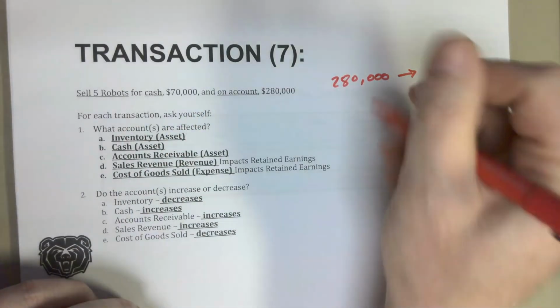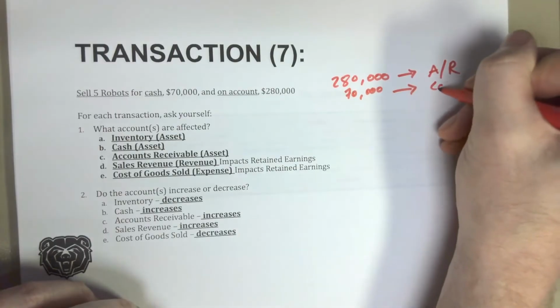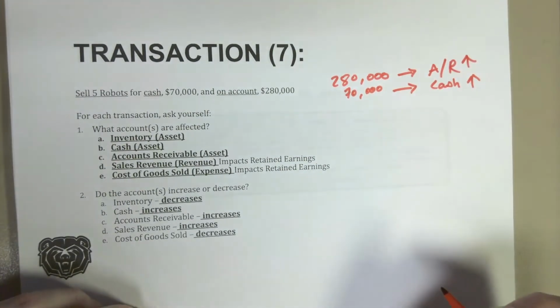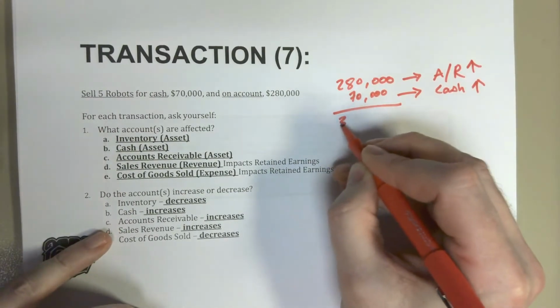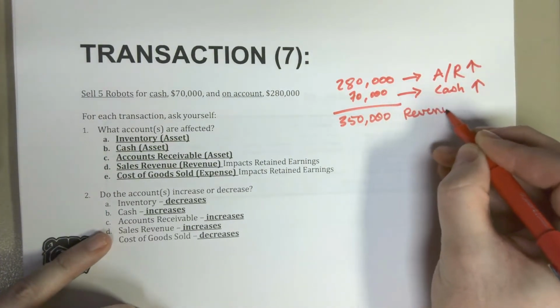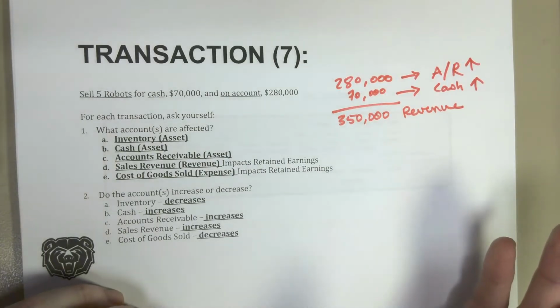And we sold $70,000 for cash, okay? So it's going to be an increase to AR and an increase to cash, okay? We're going to have a total of $350,000 of revenue, okay? So hopefully everybody's following along so far.